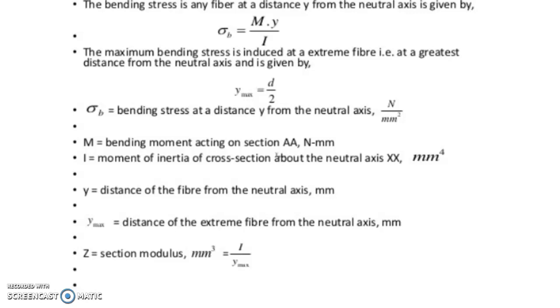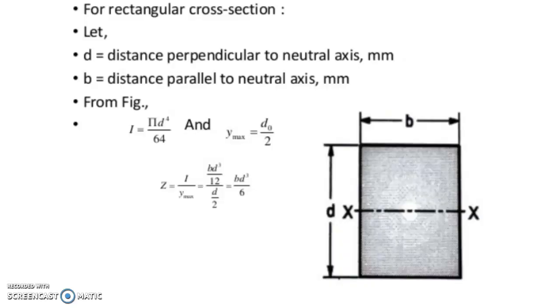If it is y max, we can take the value y max is equal to d by 2. That is the distance of the extreme fiber from the neutral axis, and the section modulus is denoted as Z, that is equal to I divided by y max. For a rectangular cross section, we can find this value.